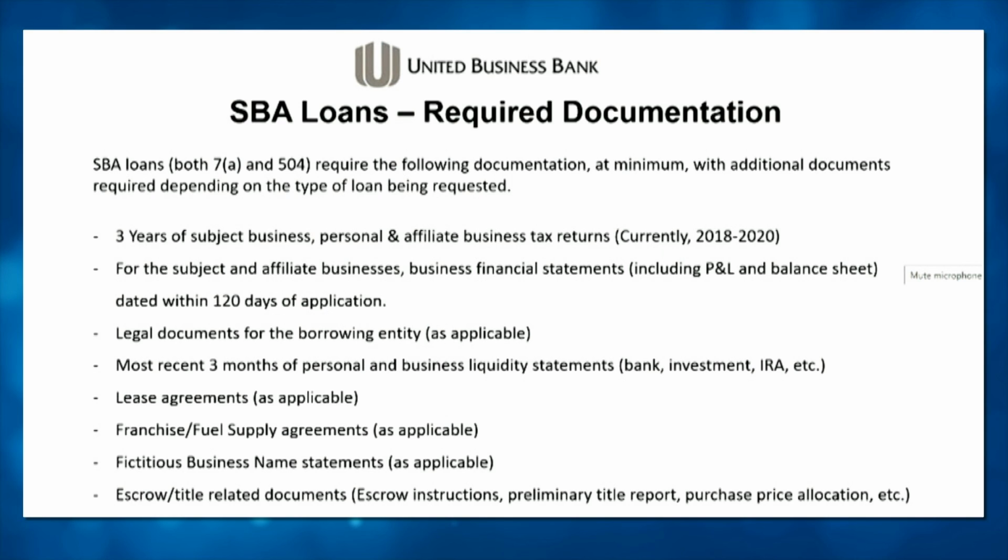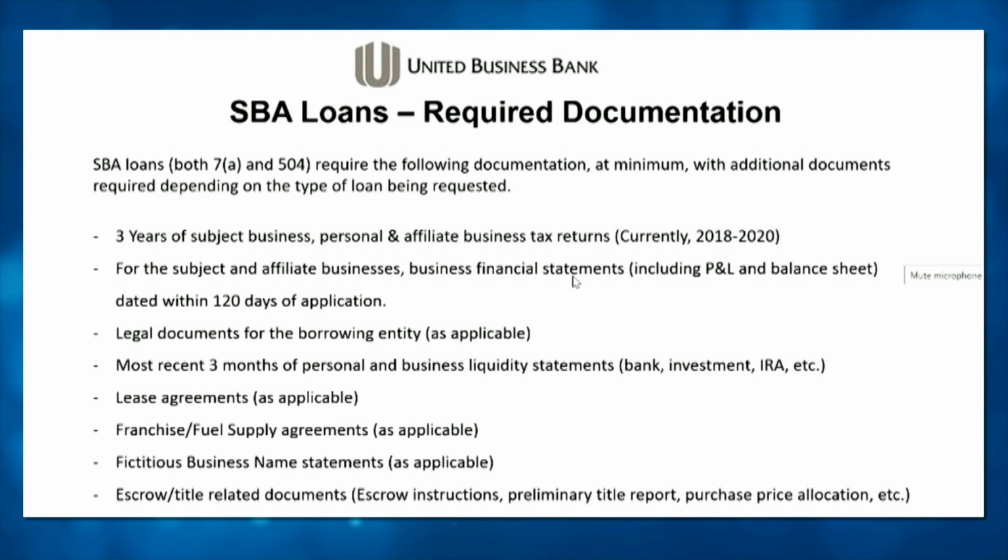Franchise and fuel supply agreements, we can do a whole seminar just on this, but there is the SBA Franchise Directory, okay? If you go to Google and type in SBA Franchise Directory, it's going to take you to an SBA website that has a directory of all of the franchises that are approved by the SBA.